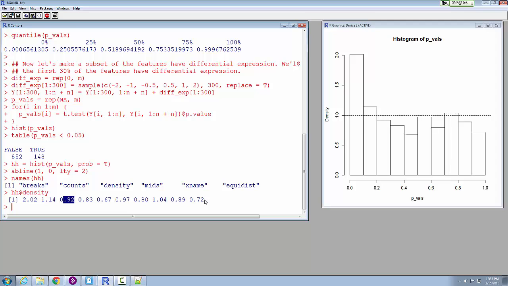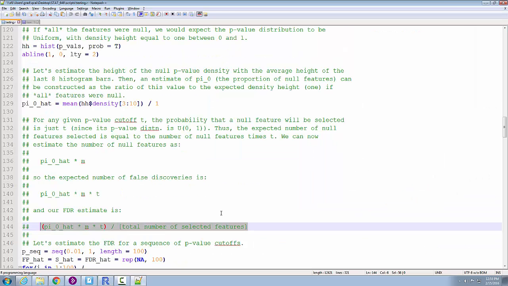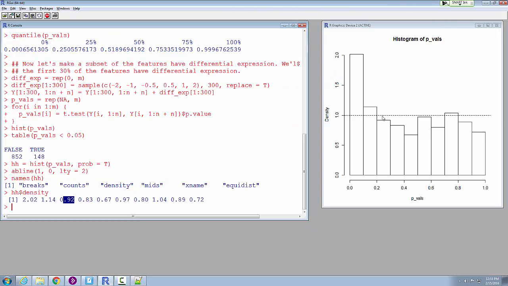So what I'm going to do in the code is just roughly ballpark this and say, let's take all the bins except the first two, and consider all of the remaining ones as reflecting the flat part of the distribution. I want the heights of all of these rectangles, average those up, and call it pi 0 hat.